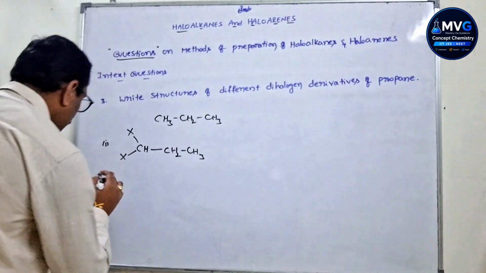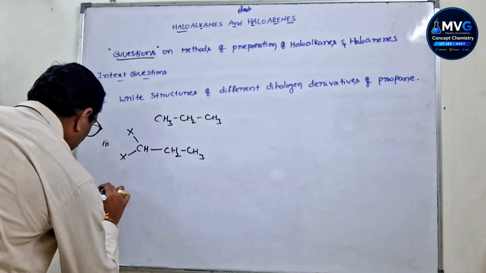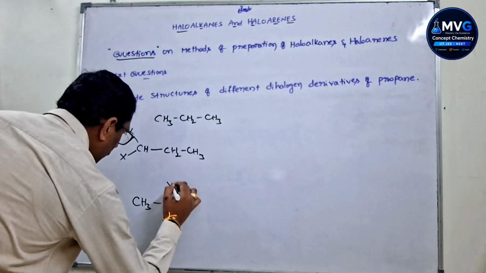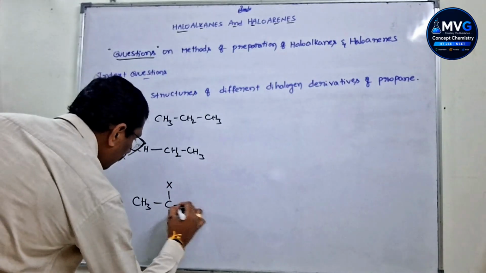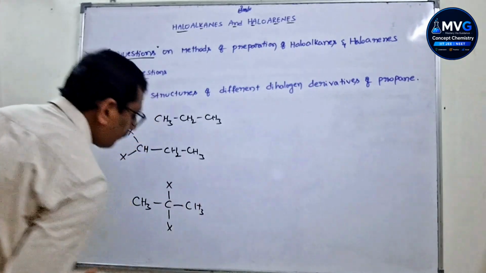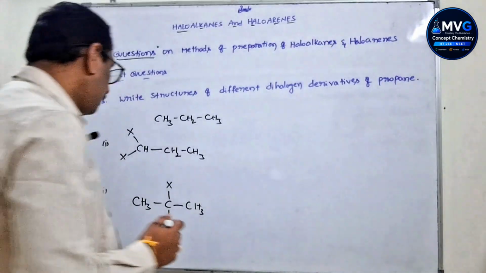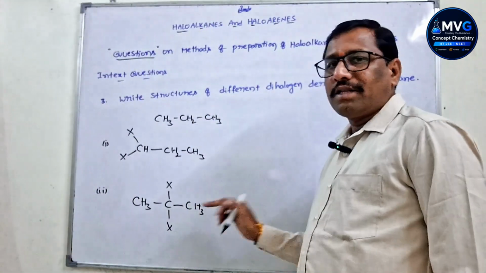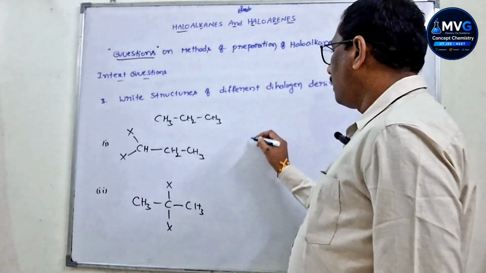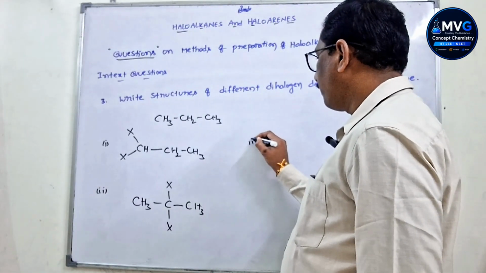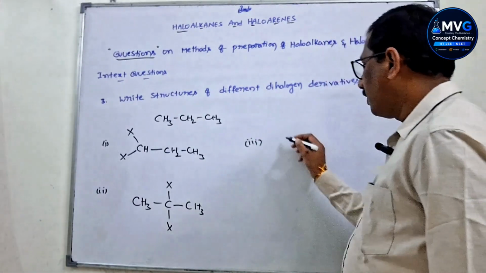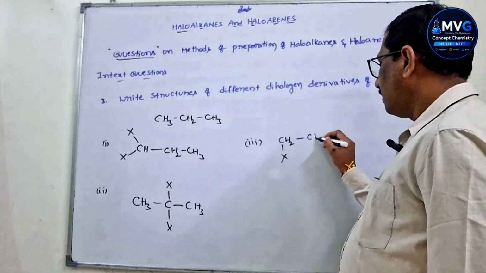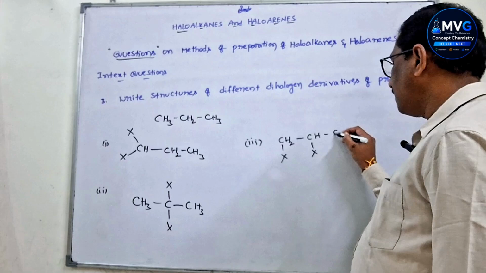Next, the second one, students: if you take the middle carbon atom, here X, here X, CH3, X is equal to halogen. I told you this CH3 side or that CH3 side, both are the same. Next, the third possibility: here CH2X, here one halogen, CHX, here one halogen.